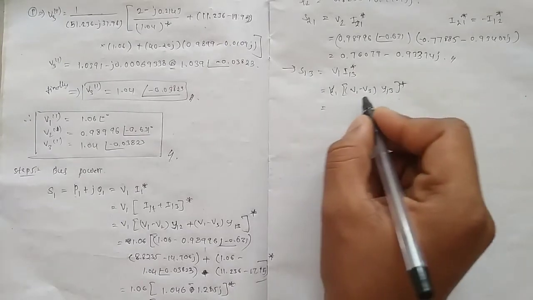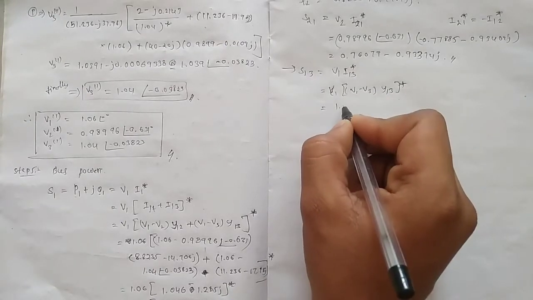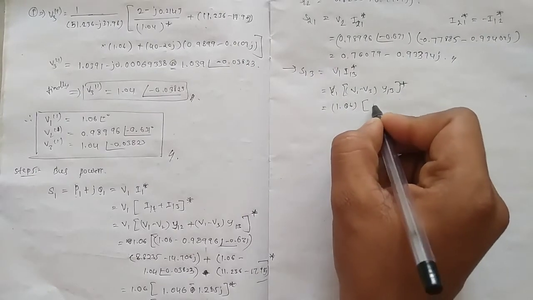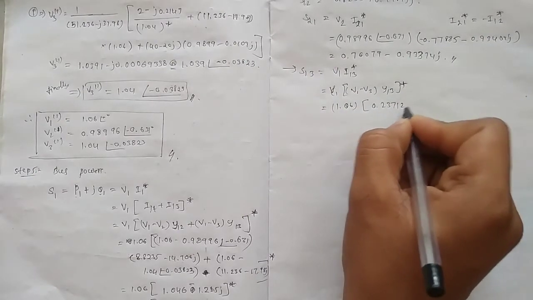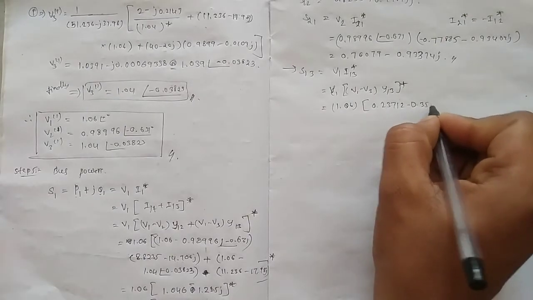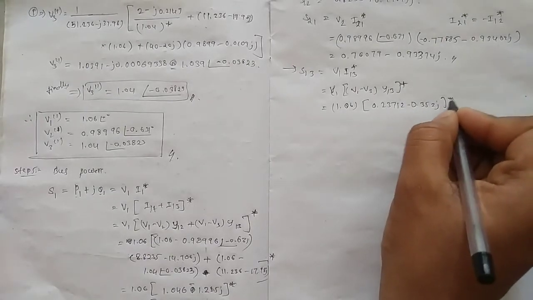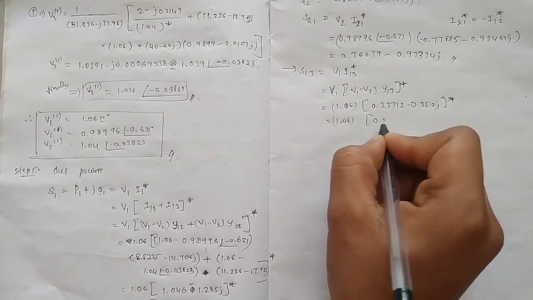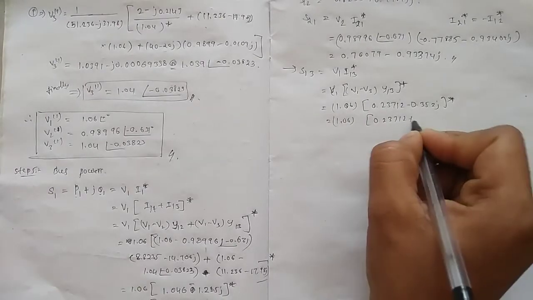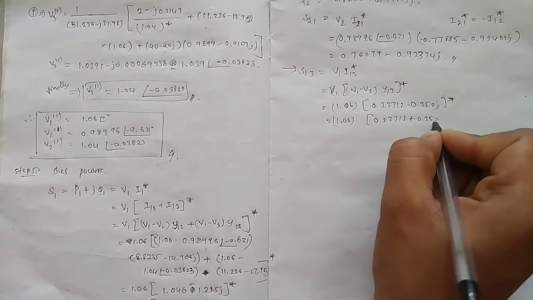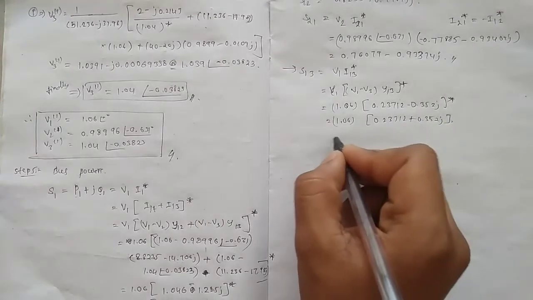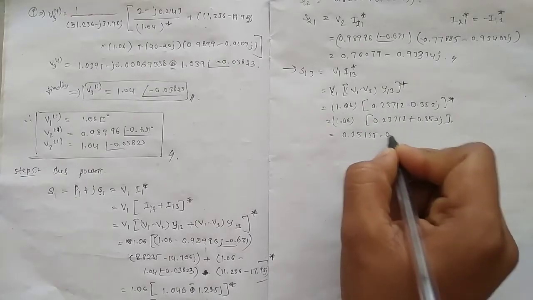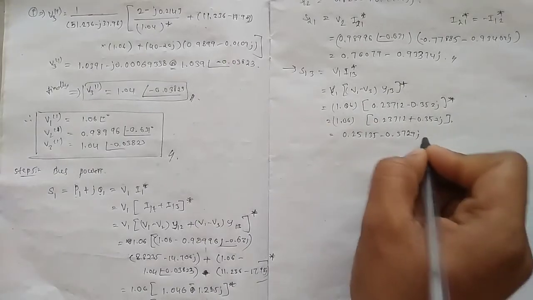Substituting all those values, we'll get 1.06 in the bracket of 0.2372 minus 0.352J whole complex is equal to 1.06 into 0.23712 plus 0.352J, which gives 0.25135J, 0.3729J.